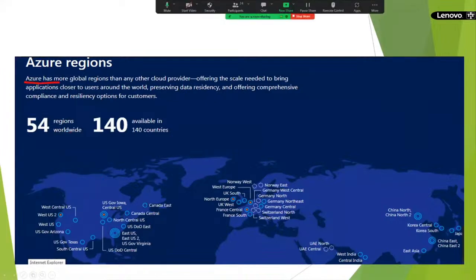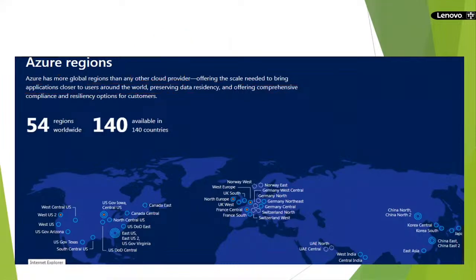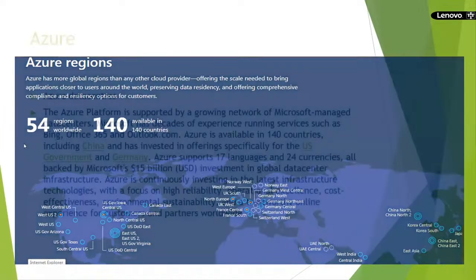Azure has more global regions than any other cloud provider, and here the competitor is AWS. It offers scale and brings your application closer to customers. If there are any issues, they can sort them out immediately, with low network latency and good support. Because of that, Azure has a lot of demand in the market, and most clients are migrating from AWS to Azure as well.